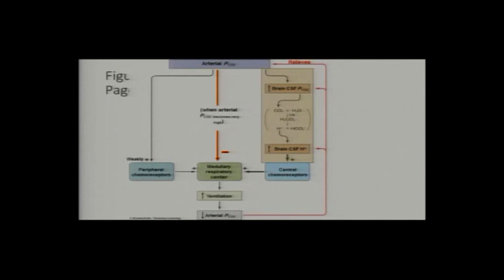And that increase in rate and depth of breathing blows off that CO2 and brings it back down to normal. And those changes in PCO2 sensed by the central chemoreceptors are how we regulate breathing on a moment-to-moment basis.